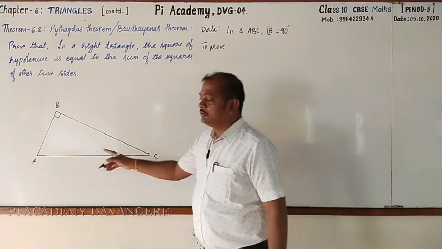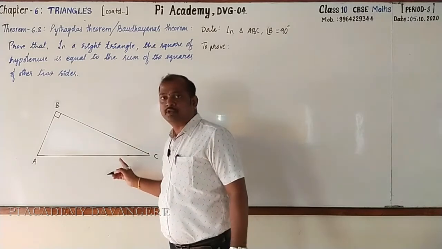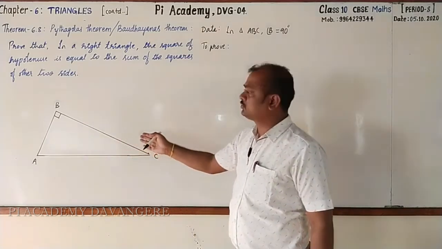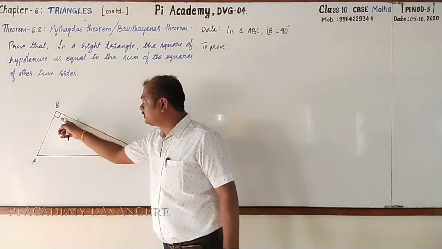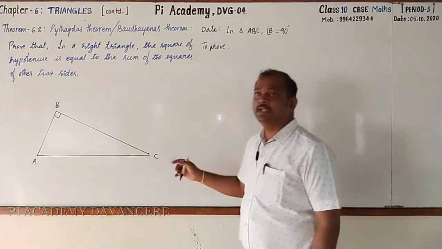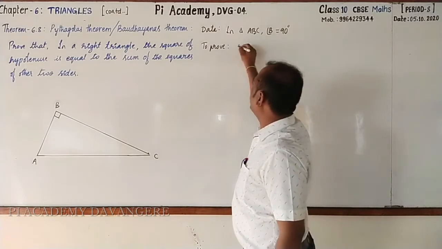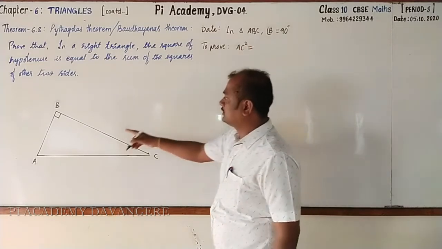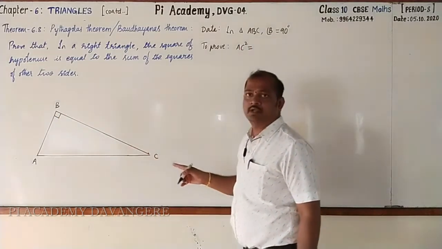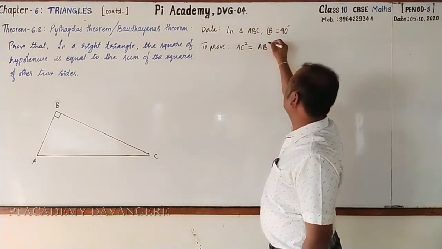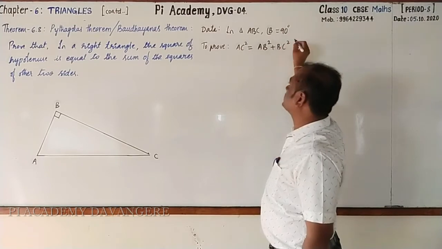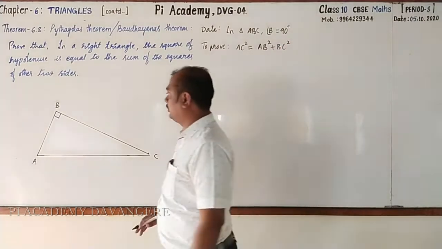See, that is, the square of the hypotenuse is equal to the sum of squares of the other two sides. Which is the hypotenuse? The side which is opposite to the right angle, that is AC. AC square is equal to the sum of squares of the other two sides. The other two sides are AB and BC. AB square plus BC square. This is the statement to be proved.